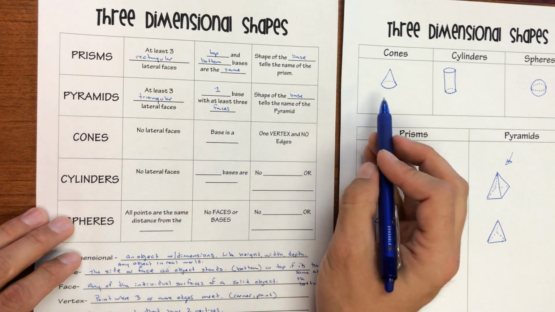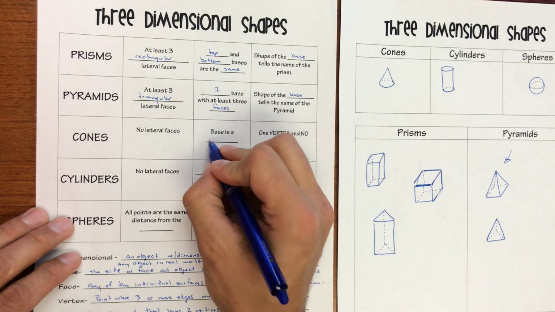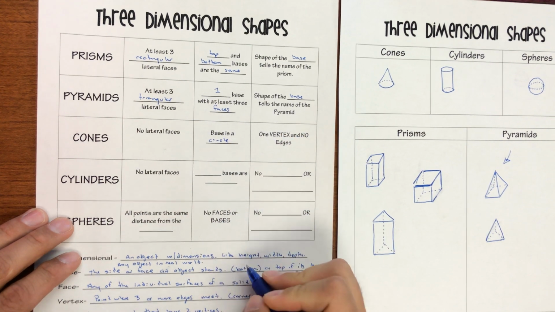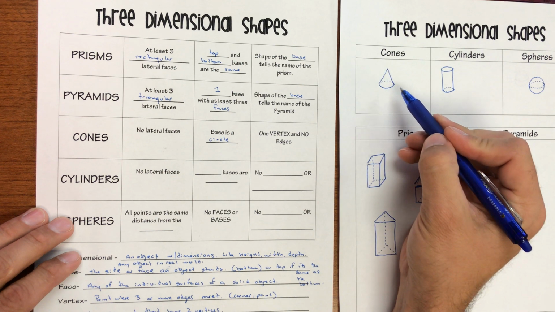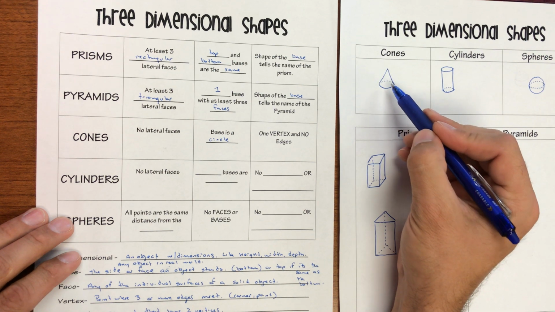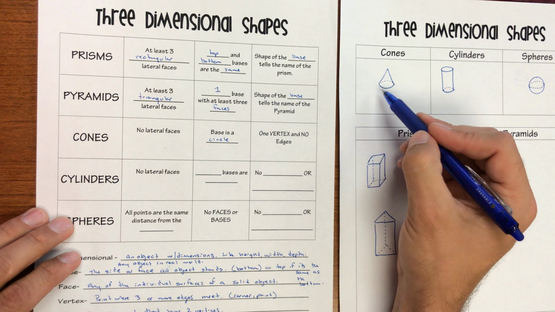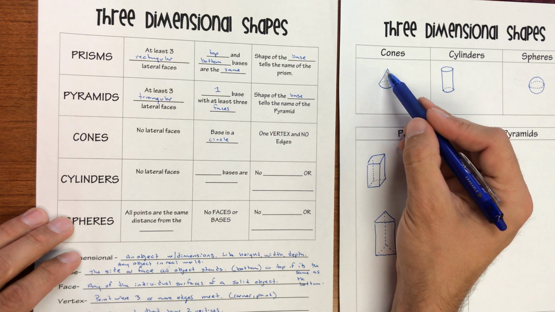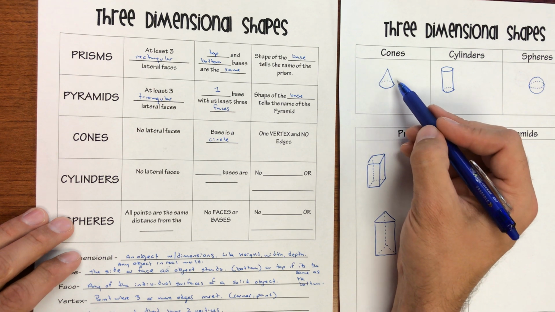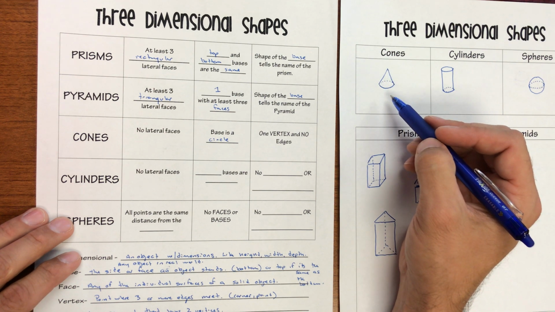The base, if you look at the base of the cone, it's always a circle. And there's only 1 vertex, and that's right at the top where that point kind of comes together. And there are no edges, which is a little interesting. Because there's only 1 vertex, there's no edges because there's no other vertex for it to join.